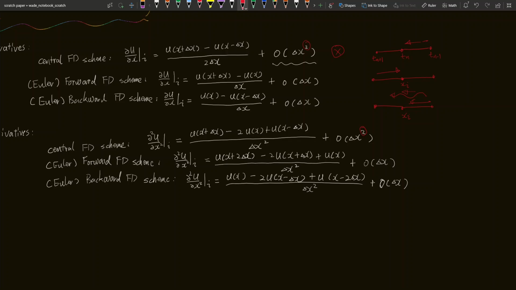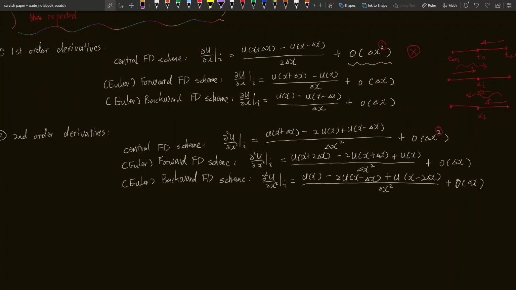And if the water is flowing from the left-hand side to the right-hand side, you'd better approximate from the forward field, from the left-hand side. So you'd better use the forward or backward finite difference schemes based on the flow direction. We will give more information and details on how we apply these schemes in a practical way in different problems later on.